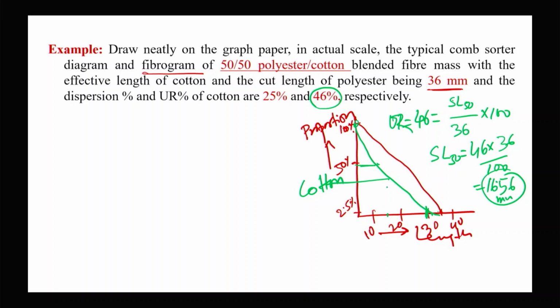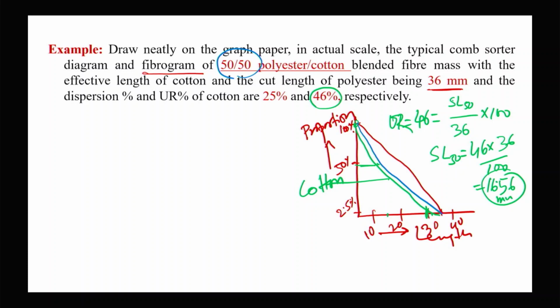As it's a 50-50 blend, the blended mass's typical curve will be in between the polyester and cotton. We can draw roughly a curve. This will definitely be in between polyester and cotton.